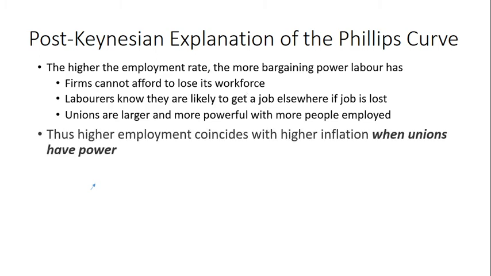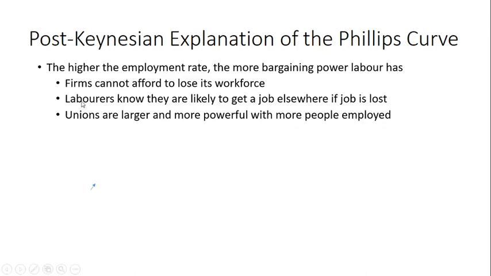So imagine if you have an employment rate of 100%, or very close to it. If a firm loses one of its workers, it's going to be very hard to replace that worker, right? Laborers at the same time know they are likely to get a job elsewhere if the job is lost, right? So that's why we assume with higher employment there is more bargaining power on the side of labor.